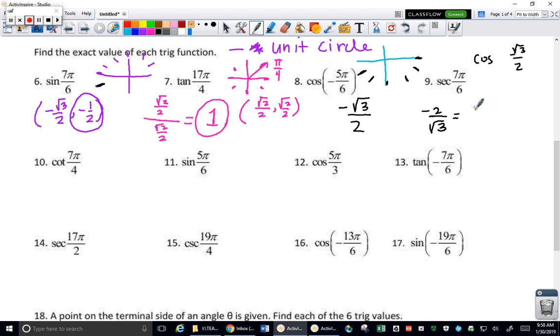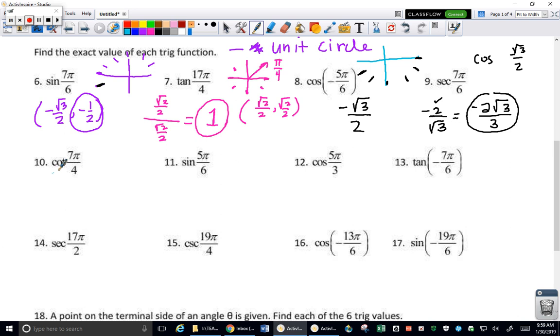If we rationalize, that becomes negative 2 roots of 3 divided by 3. This is how you're most likely going to see that answer represented. For calculus, this is becoming okay nowadays, so this is the best answer, though the one in front of it was good.